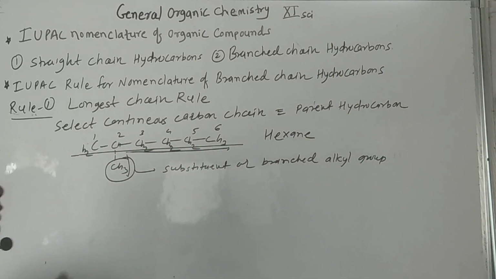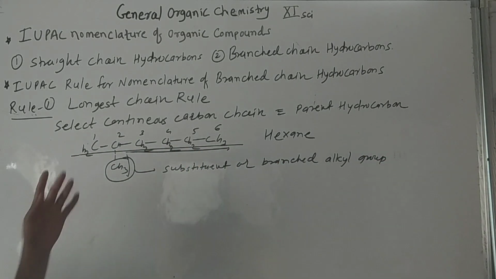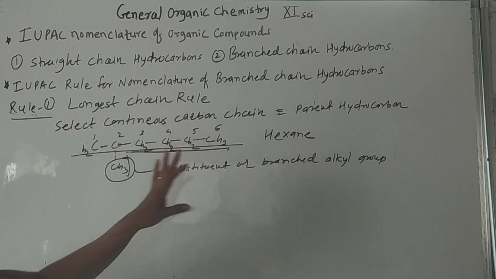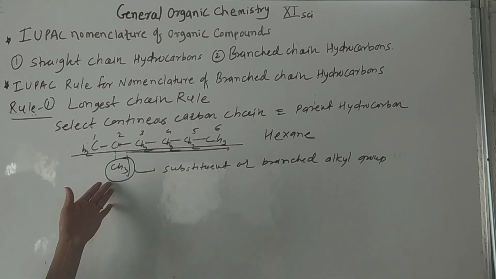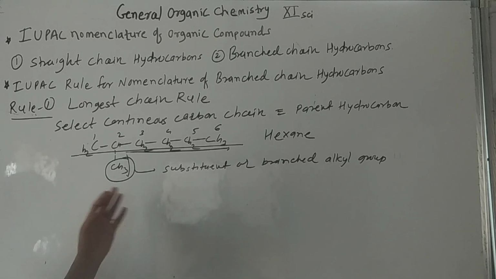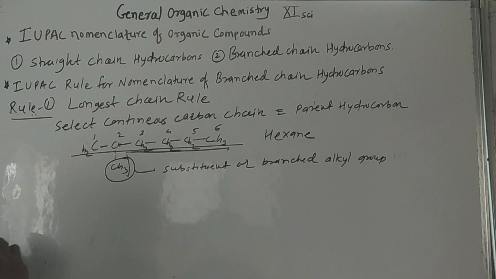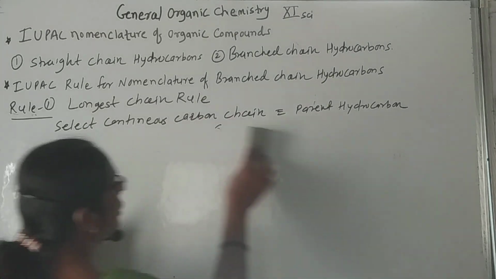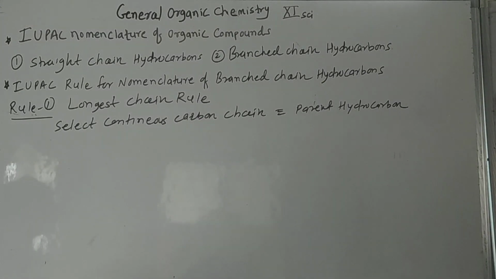So in this compound, the parent chain is of 6 carbons, so hexane, and one group remains which is not part of the main chain, and that is called a branched alkyl group. Or these are also called substituents. Now the second rule. The first rule is to select the longest continuous carbon chain, and that is your parent chain.